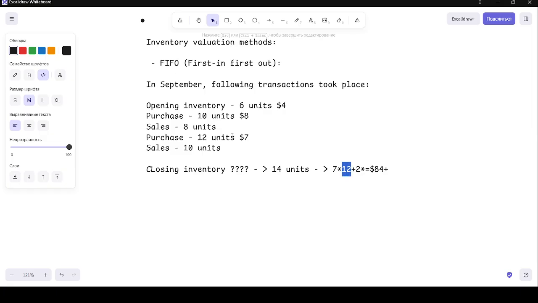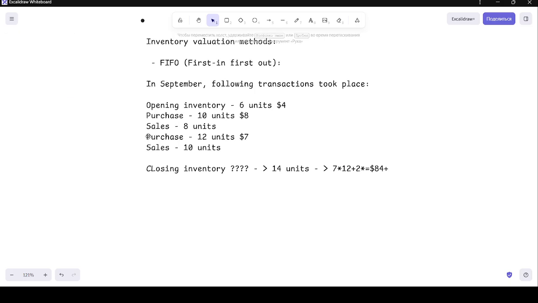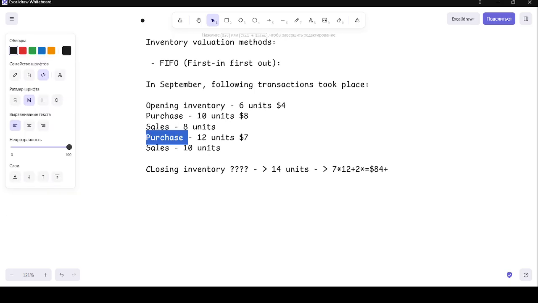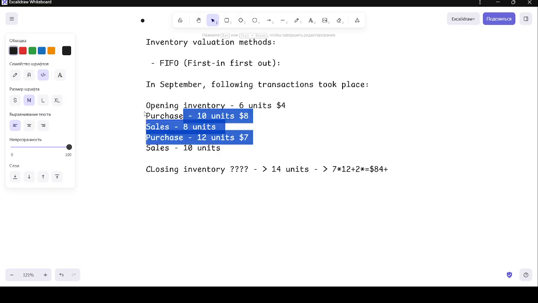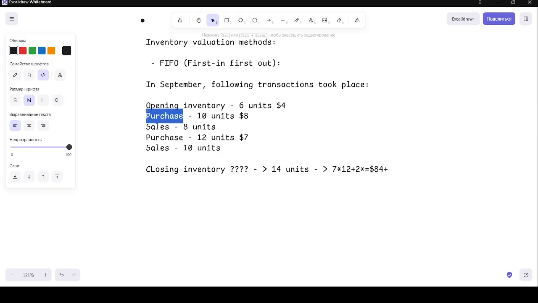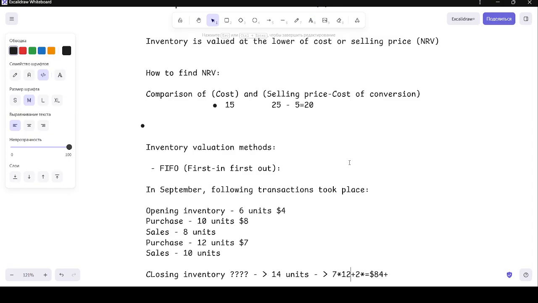Our 12 units are from this purchase, and the rest of the goods are from this purchase. This is the core concept of first in, first out.